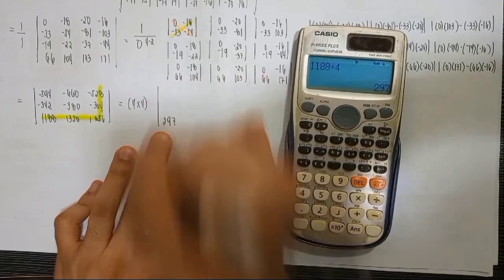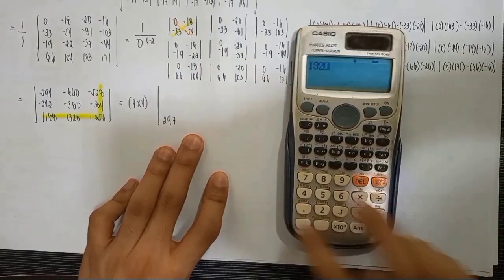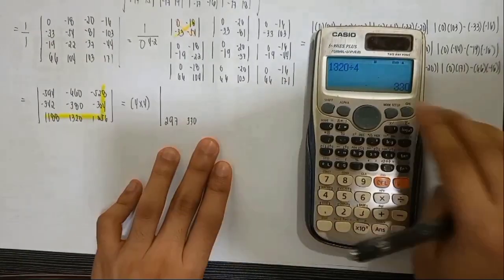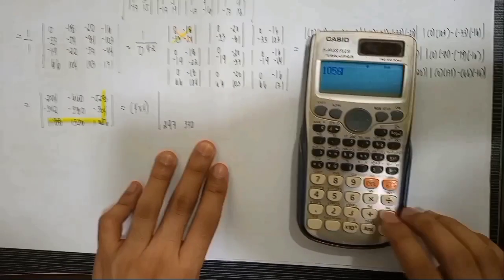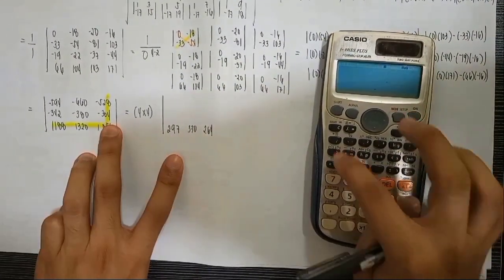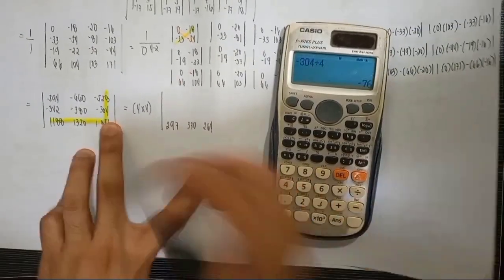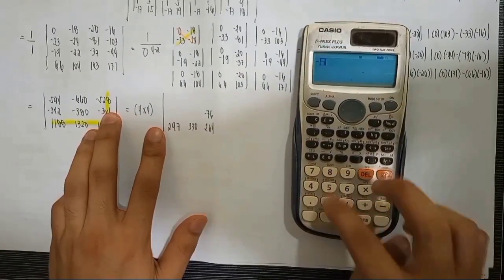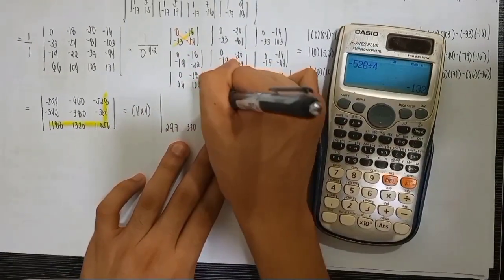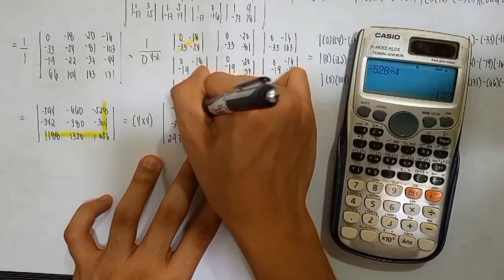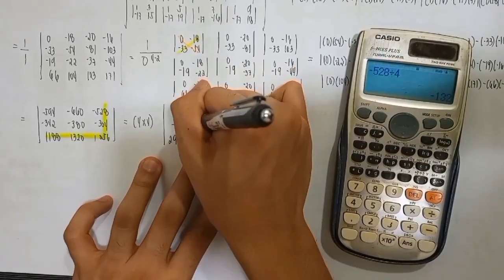We will get 297, 330, 264, negative 76, and negative 132. Then copy the remaining elements, and we will put outside the matrix the 4 by 4, or 4 multiplied by 4.